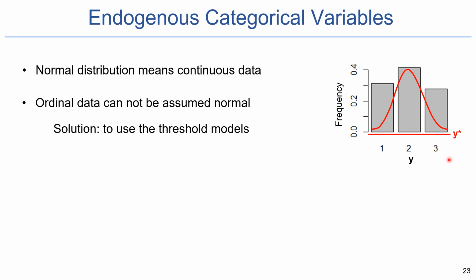And the discrete categories of our y variable, which are level 1, level 2, level 3, cut this distribution of the continuous variable at specific points. You can see here it's shown by T1, T2. And these specific cuts at the particular levels are named thresholds. But you may notice that we have only two thresholds, but three levels of our categorical variable.